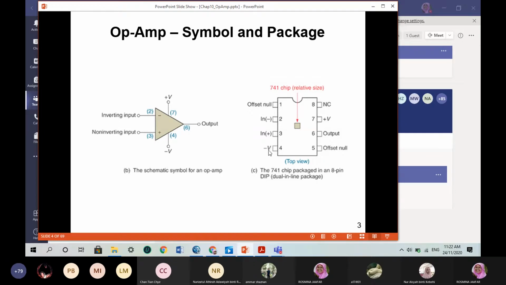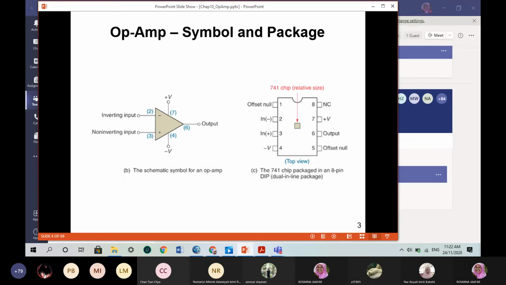Leg number 4 is the negative bias voltage, and leg number 7 is for the positive bias voltage. The output is measured at leg number 6, and legs number 5 and 1 are the offset null. Leg number 8 is marked NC, which means not connected.